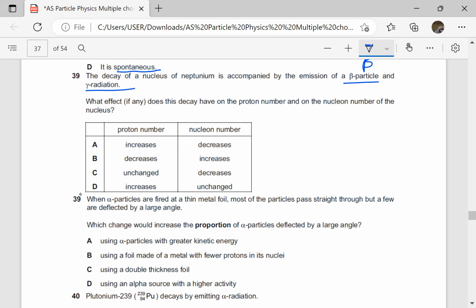A beta particle also does not affect the nuclear number, because beta is 0, -1. So the nuclear number does not change, and the row which has unchanged nuclear number is the last row.